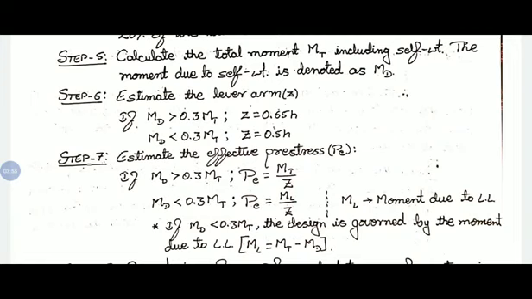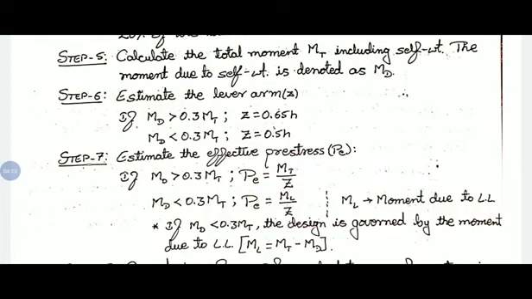To calculate that lever arm we have two conditions. If the dead load moment is more than 30% of the total moment, for example if you have 100 kilonewton meter as the total moment and your dead load moment is more than 30 kilonewton meter, then the lever arm will be 0.65 times h.